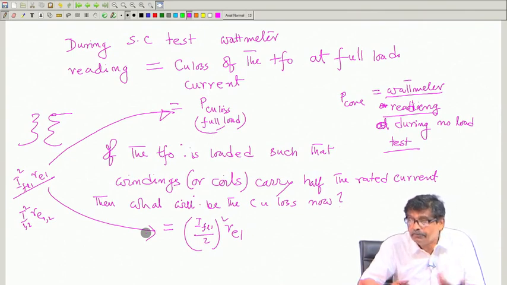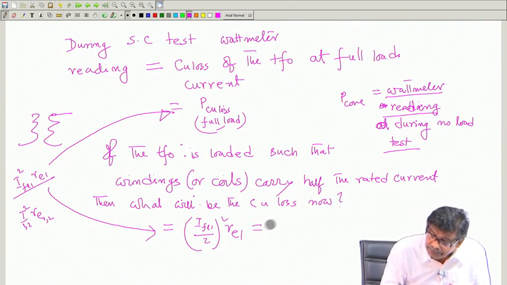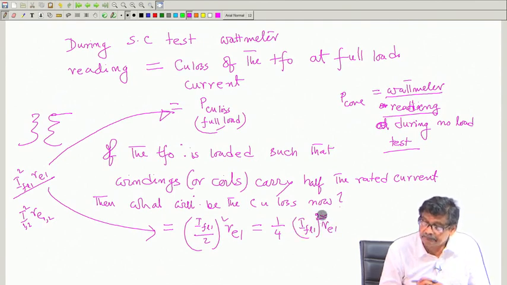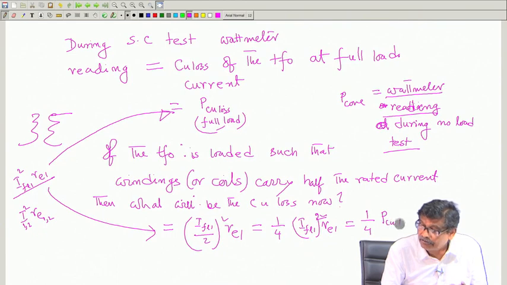So, I square into R_e1 will be the total copper loss, that is, it will become equal to 1/4 into I_FL1 squared into R_e1, which is nothing but 1/4 into P copper loss at full load.